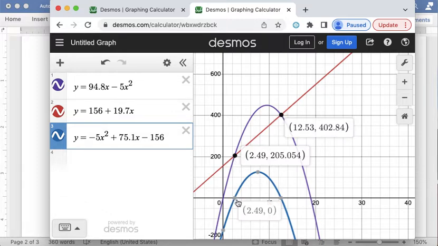Now, if I look at my blue parabola, I can see that the x-intercepts of the blue parabola have the same x coordinates as those 2 points. And that should make sense because we know when profit equals 0, revenue equals costs. So those are the same points. This is a visual image that shows that fact. Where revenue equals costs, profit is 0.